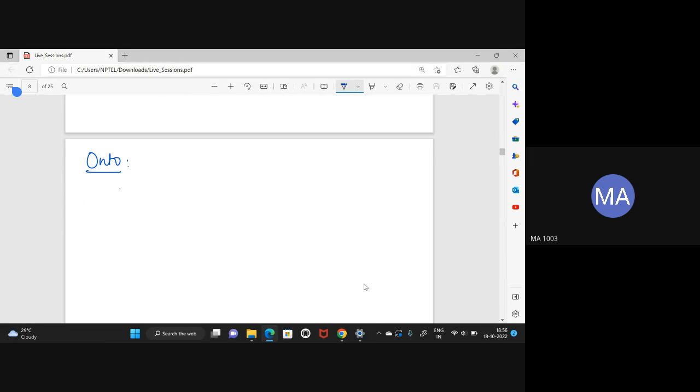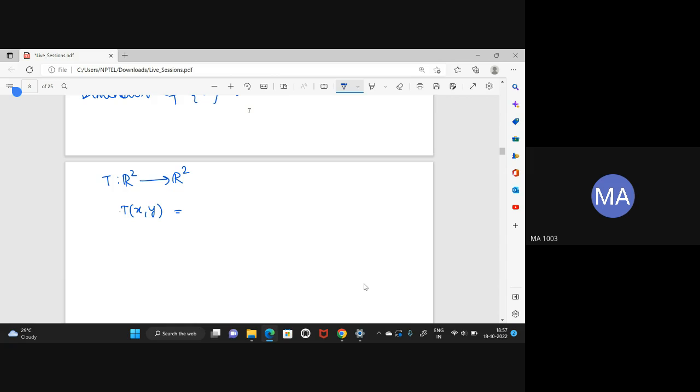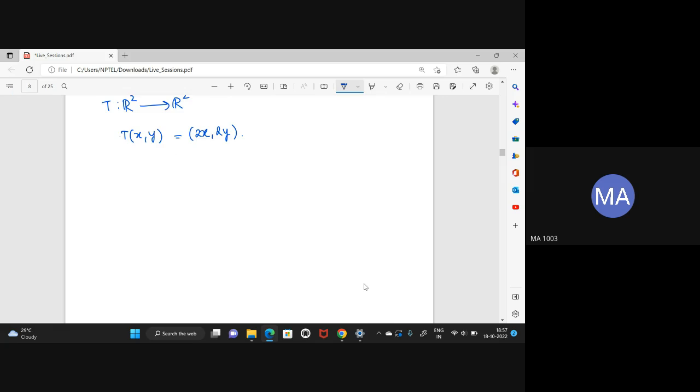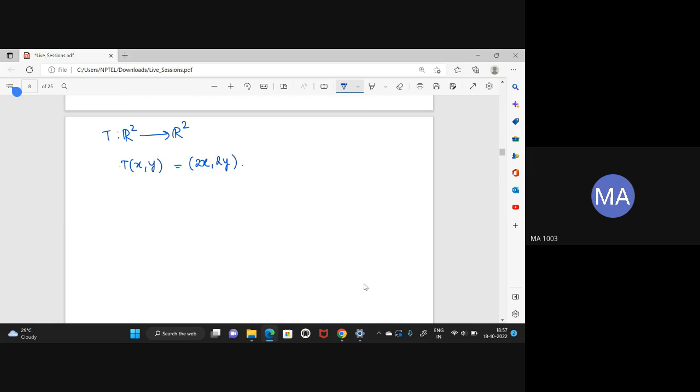Say, for example, I have T from R2 to R2, where T of x comma y is equal to 2x comma 2y. Suppose this is my linear transformation. This is a linear transformation, right?